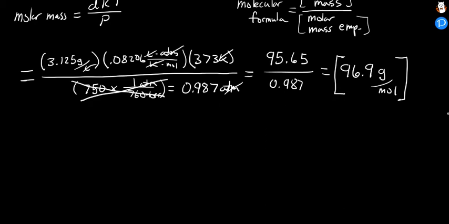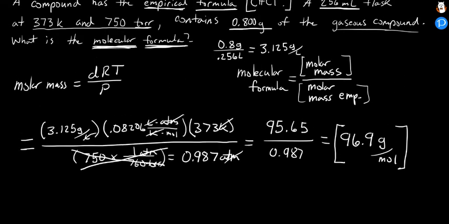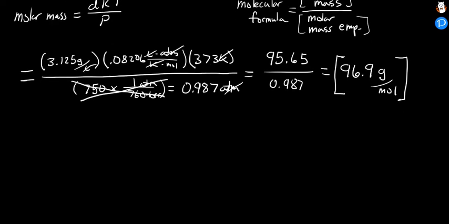So what we're going to have to do, first, is figure out the empirical formula mass. So I've got CHCl, one of each. So the empirical mass is equal to, let's see, carbon is 12, we'll just round it.